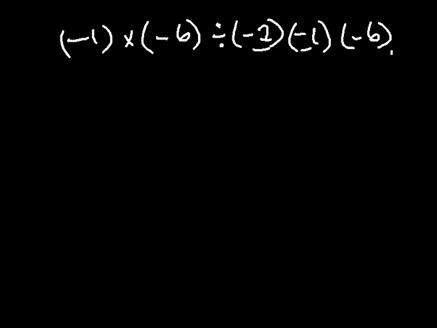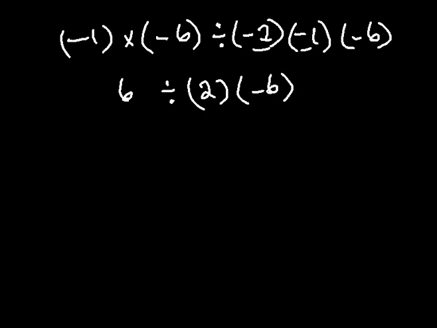So let's see how we can have it from our analysis. We have 1 times 6, that is a 6, and since they are all negatives, the overall answer will be given as the positive. So we have positive 6, divided by negative 2 times negative 1, that is a positive 2, and times negative 6.